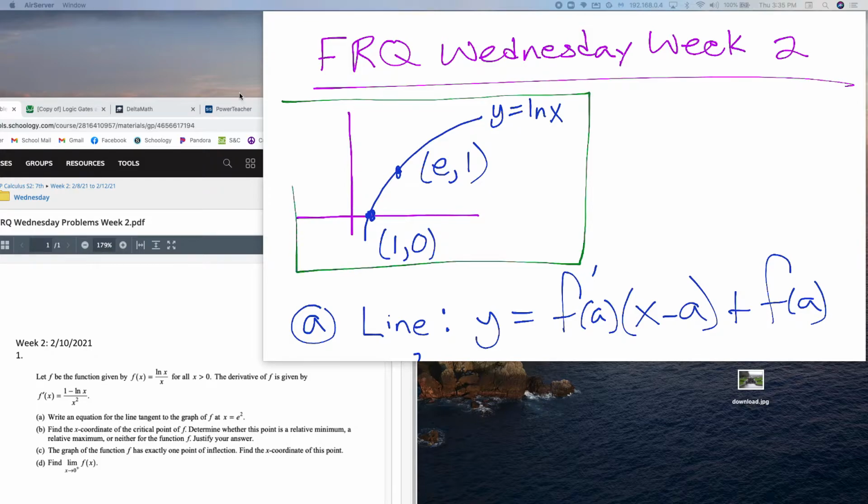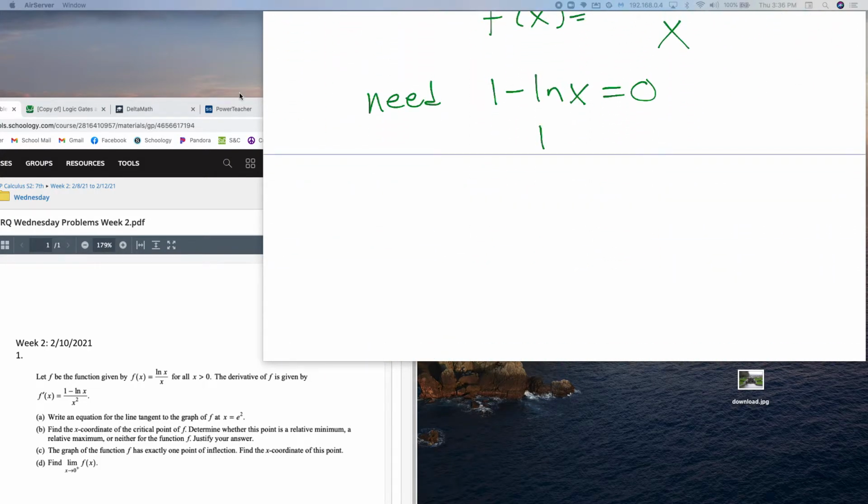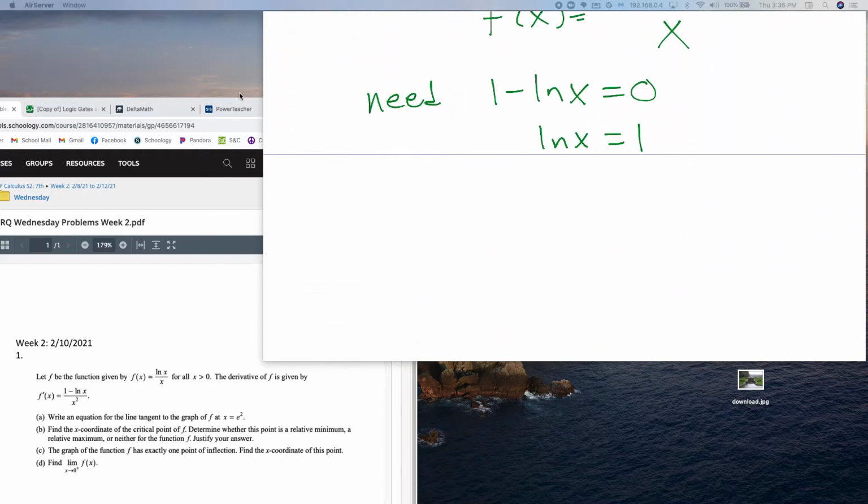It's on there because you need to know when the natural log of x equals 1. Notice it's right there. That's why you have to know that basic natural log graph. So what that means is x is equal to e.